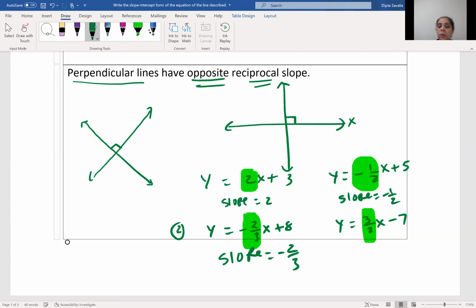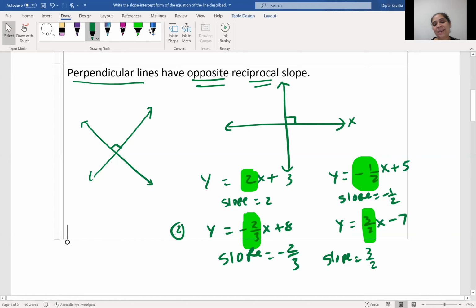Or you can say, if you flip it, what will you get? 3/2. And it must be the opposite sign, so one is negative, one is positive. So these two lines are perpendicular because they have opposite reciprocal slopes. The y-intercept doesn't matter for this. It can be the same or different, but they will intersect at 90 degrees and their slopes must be opposite reciprocals.